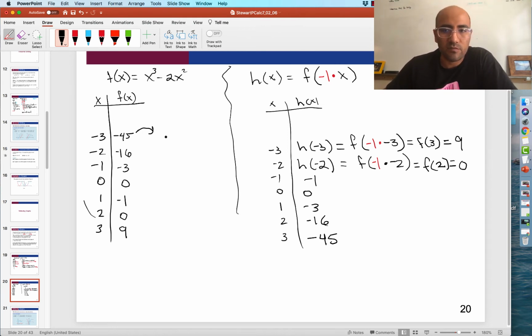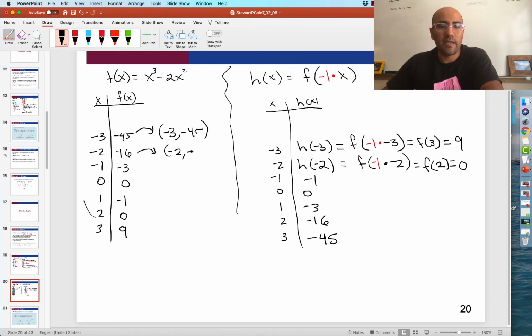Let's look at these in terms of ordered pairs. In terms of ordered pairs, the original function had (-3, -45). The original function had (-2, -16).